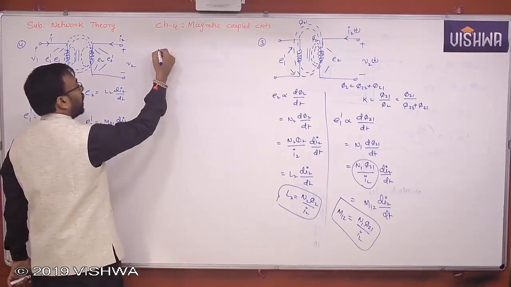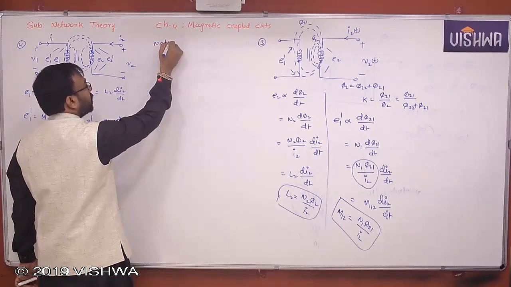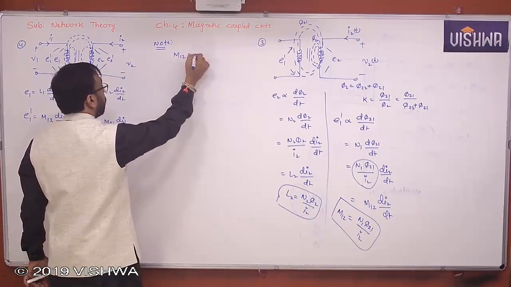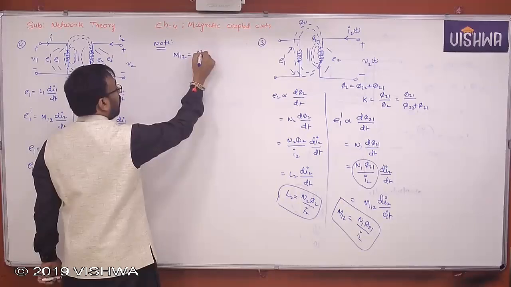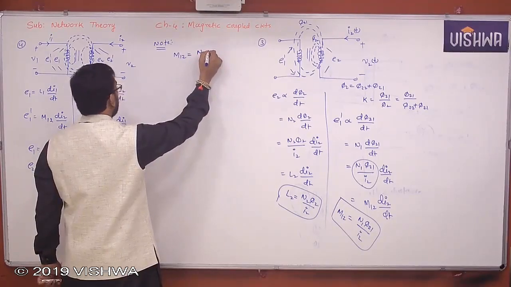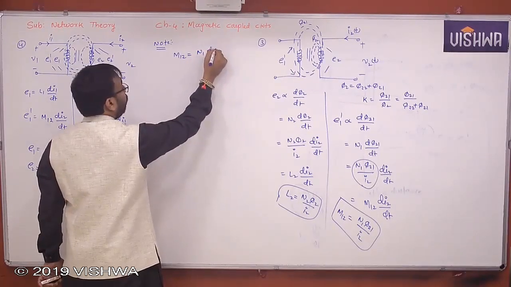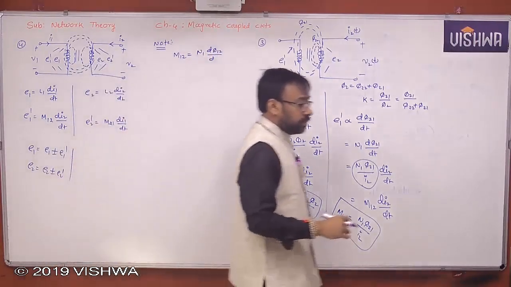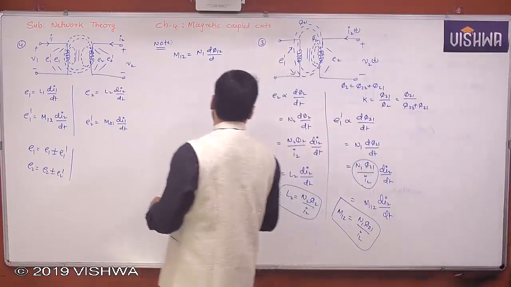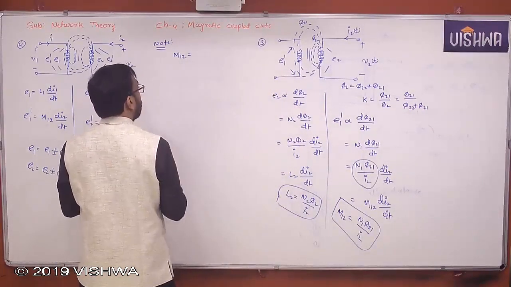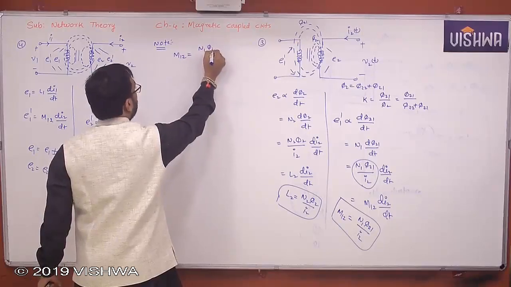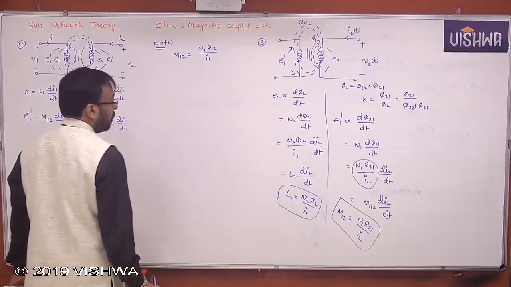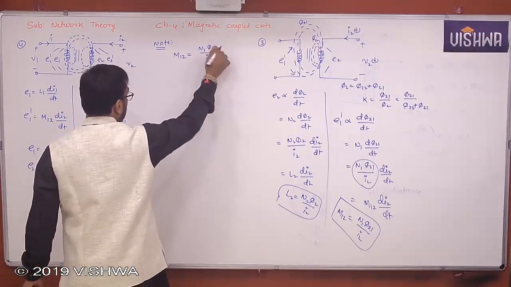So let us also look at some important relationship between the mutual inductance and self-inductance. So what is actually M12? M12 is nothing but N1 phi 12 by I1, isn't it? And M21 is N2 phi 21 by I2.